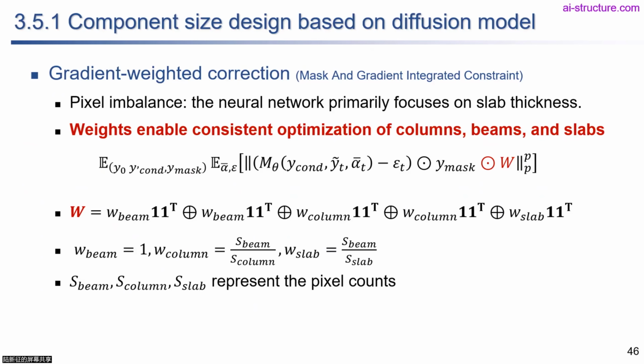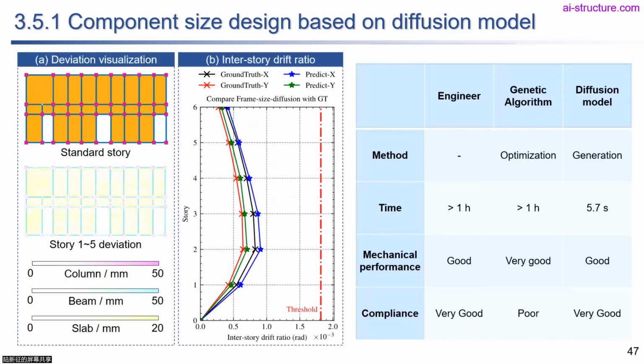And then here is the result. We can see that our AI-generated cross-section is about the same as the engineer's design, and is very efficient, much quicker than the optimization algorithm.